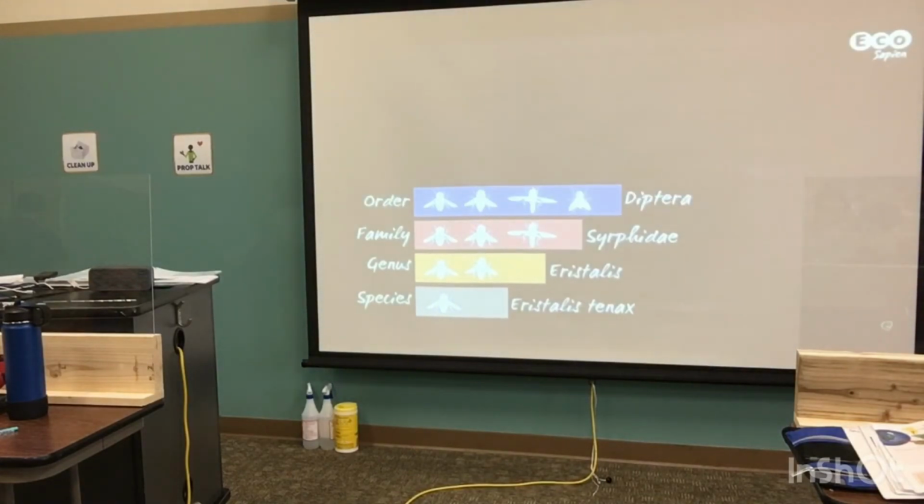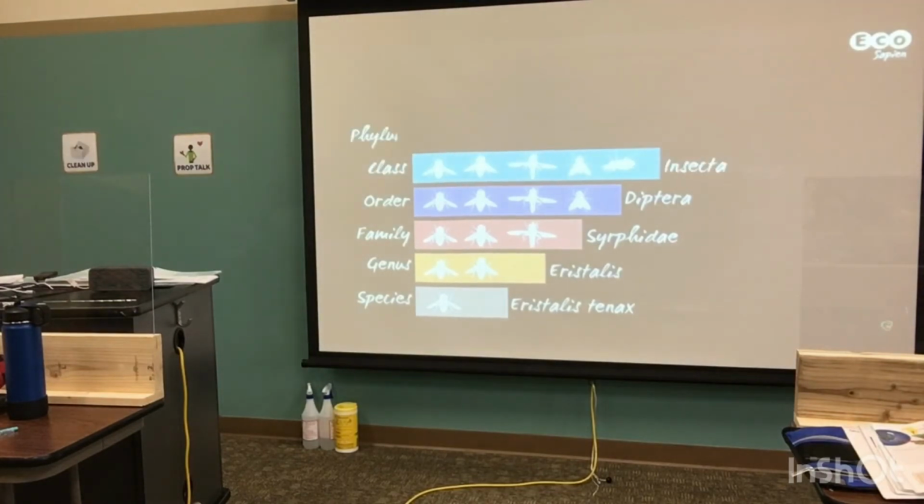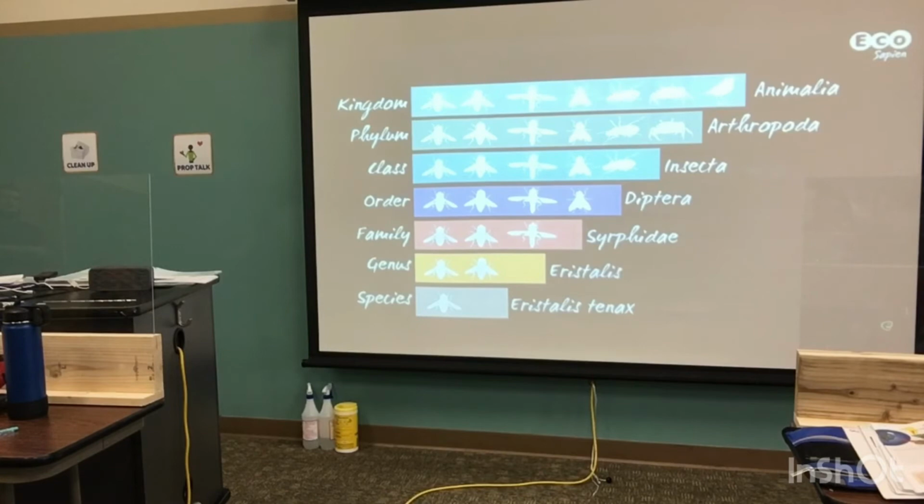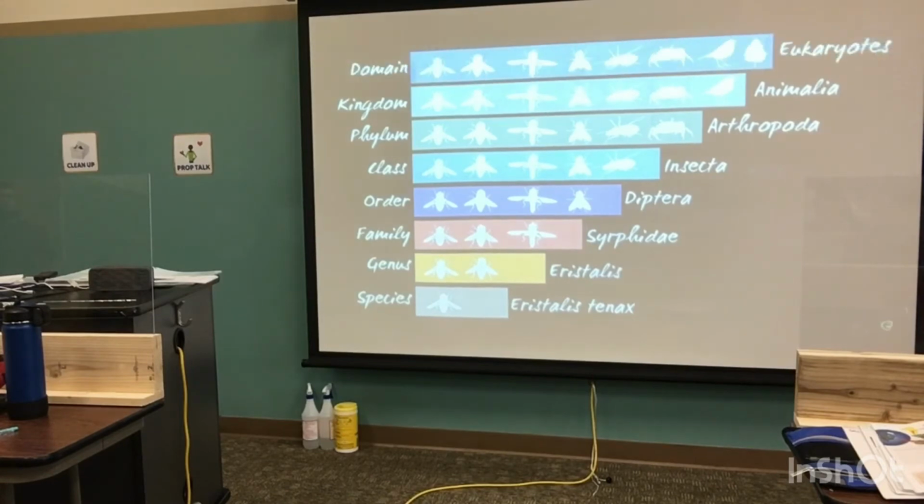Hoverflies belong to the order Diptera, the true flies. Flies are insects, and insects are part of the phylum Arthropoda. Animals with an external skeleton, segmented body, and appendages, like crustaceans, arachnids, and centipedes. Ultimately, the drone fly is part of the animal kingdom and is a eukaryote, an organism whose cells contain a nucleus.